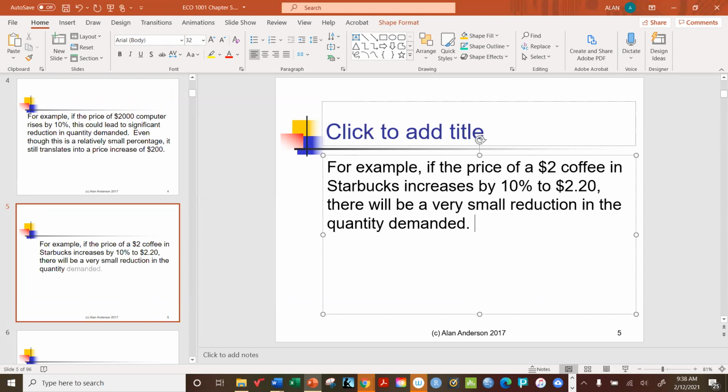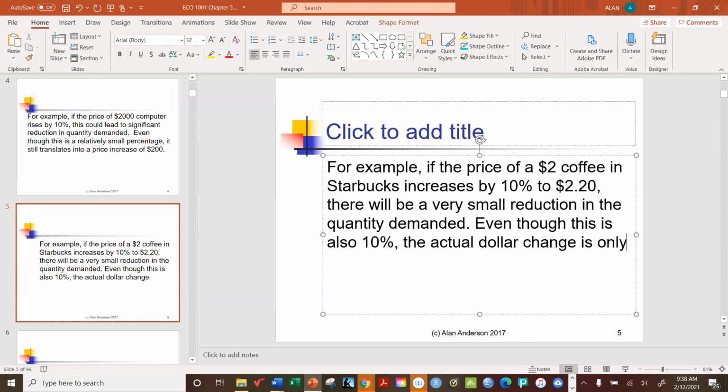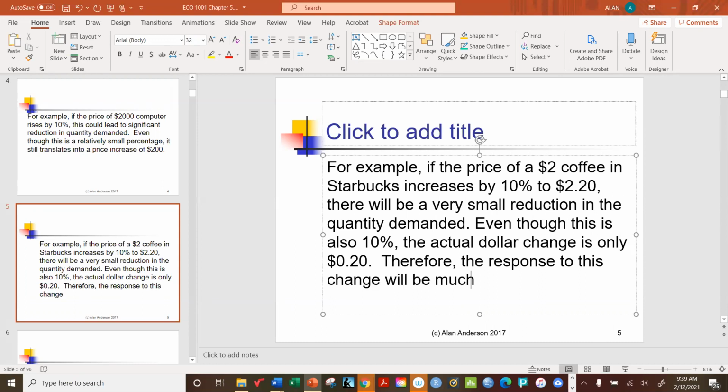Why is that? Even though this is also 10%, the actual dollar change is only 20 cents. And so therefore, the response to this change will be much smaller than for the price increase for the computer.